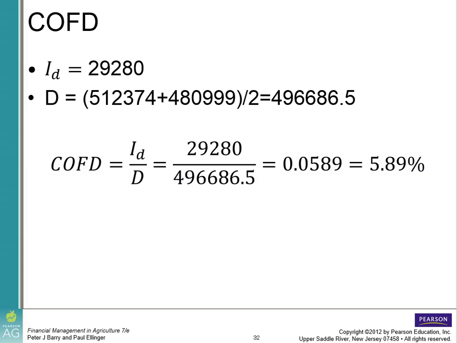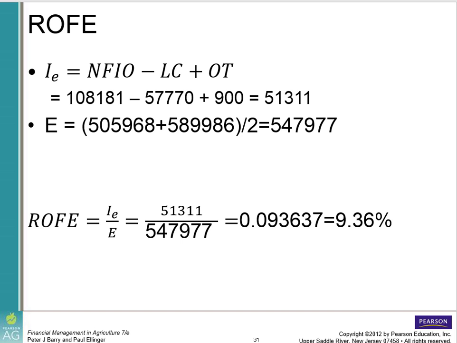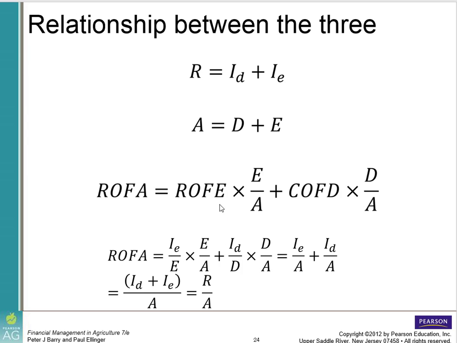Okay, so now we have ROFA, ROFE, COFD. What I would also encourage you to do based on all these values that we just found, try and verify this equation right over here. Because again, good opportunity for an exam question and you should just know this to begin with.